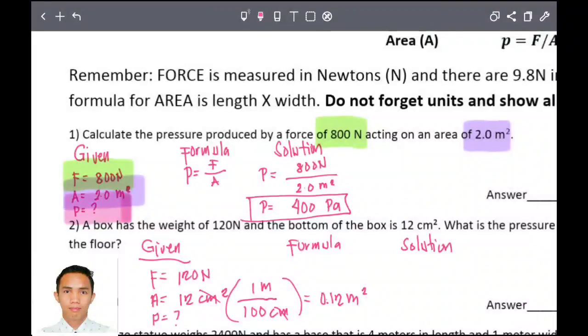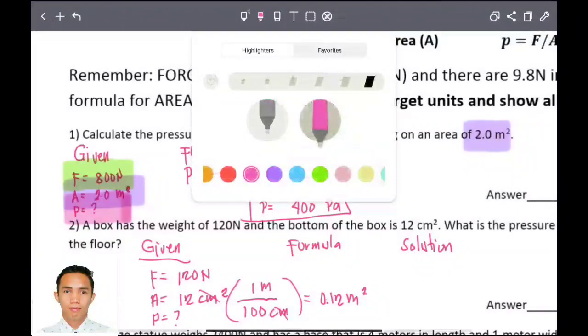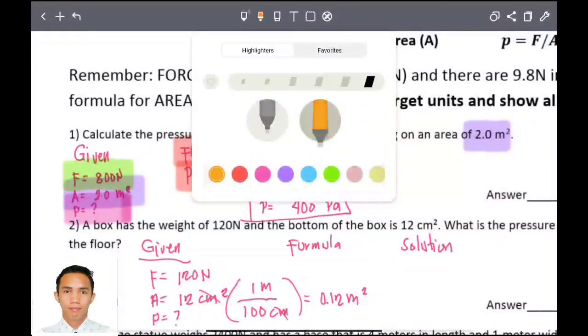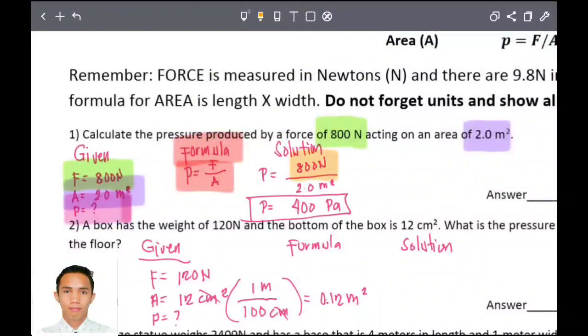So using the formula, pressure equals force divided by area, you can make a solution. So 800 divided by 2 square meters, then we have 400 Pascal. Pressure equals 400 Pascal.